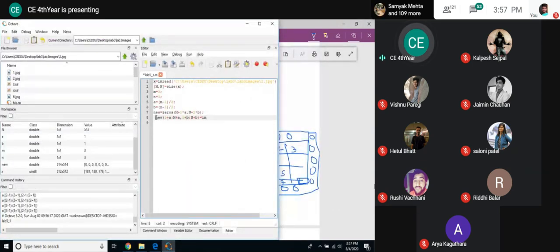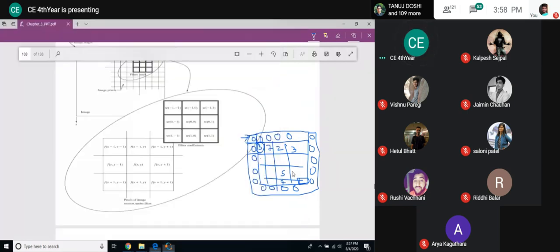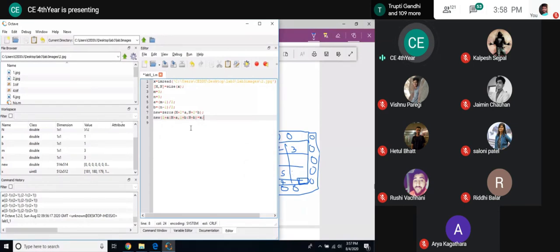So I'm just simply copying that code. I have to change the variables otherwise. X seems correct. So from 2 to m plus 1 it should go. That is true and it seems correct.